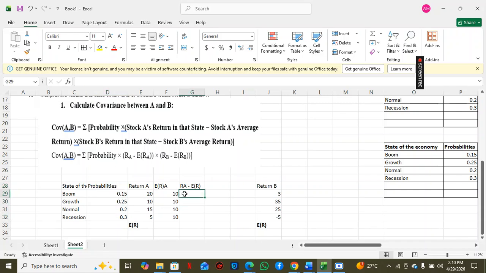So basically, these are the deviations: return of A minus the expected return.